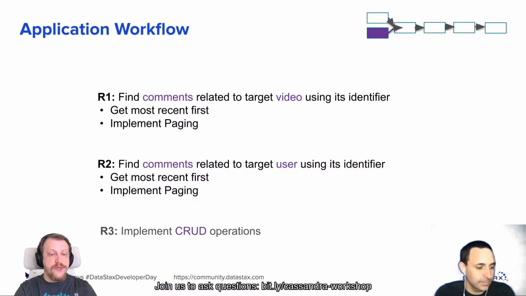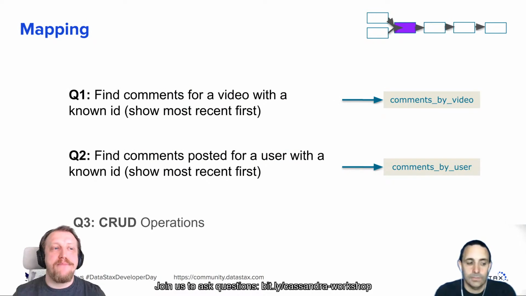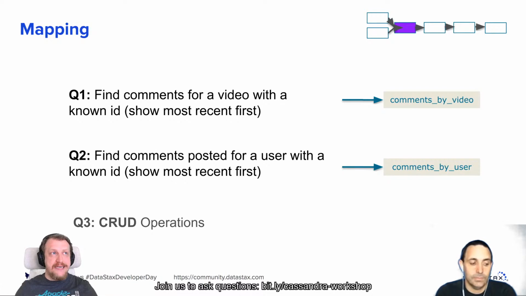And a third workflow is to implement create, read, update, delete operations, but I'm not talking about that right now. Then mapping those ideas together, the conceptual data model and the workflows, for the first one we find comments for a video with a known video ID, because when you open a video at YouTube, the video ID is already known because you've seen a list of the videos.